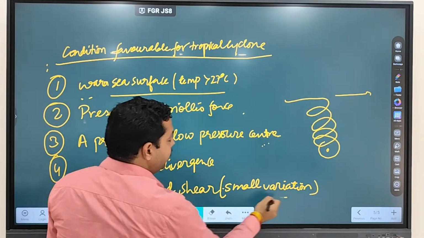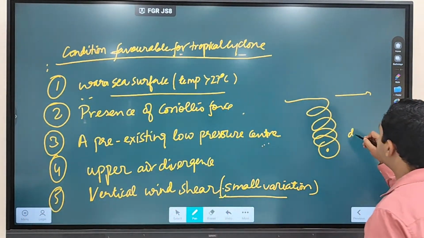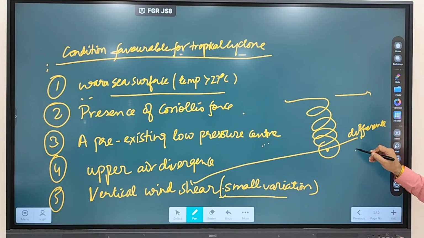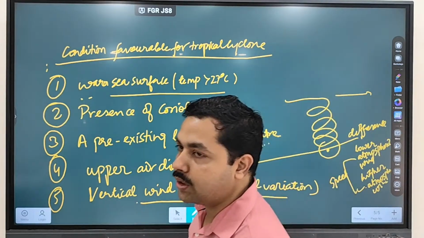What does wind shear mean? It is the difference existing between the lower atmospheric wind speed and the higher atmospheric wind speed. Clear? So that is called a wind shear.